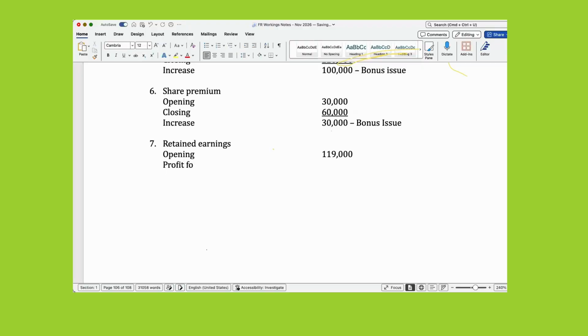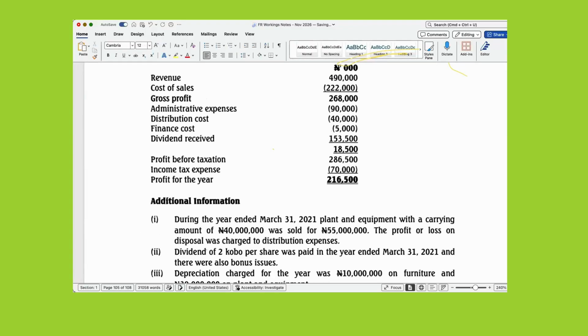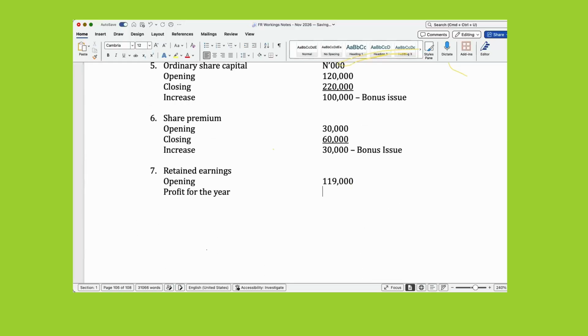What was the profit for the year? 216,500. What was the expected closing? 335,500.